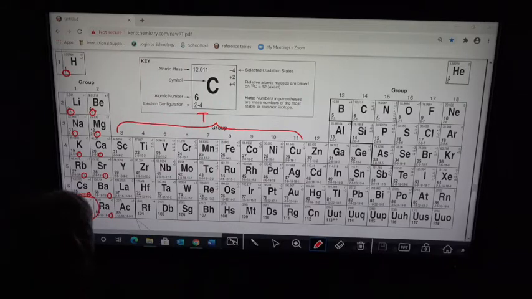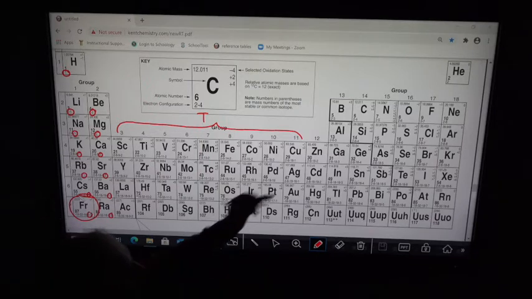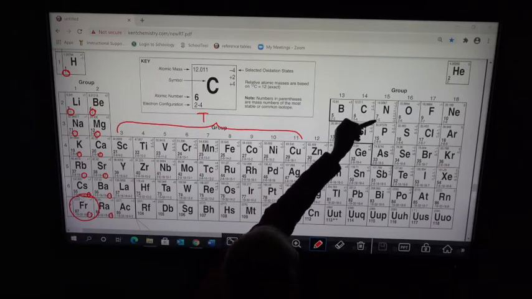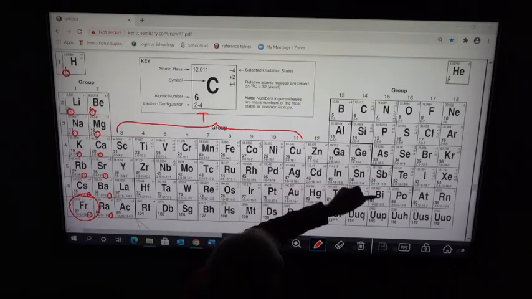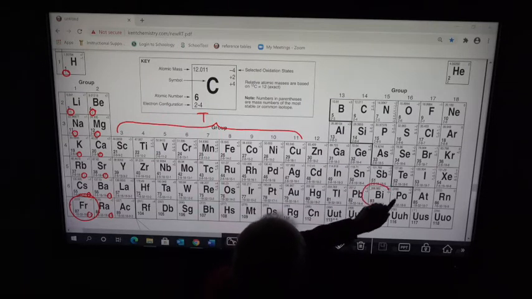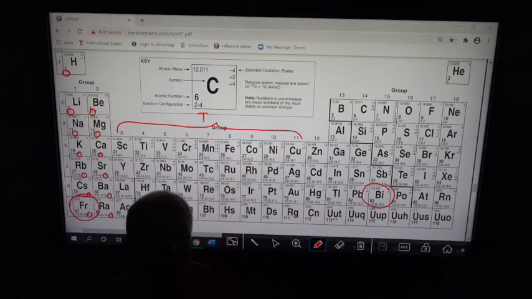The biggest atom is francium. So if that's the biggest atom, that's the most metallic atom on the whole periodic table. Even in this group, it starts out non-metals and then goes to semi-metals, but down here, bismuth is a metal. So the bigger the atom, the more metallic it gets.